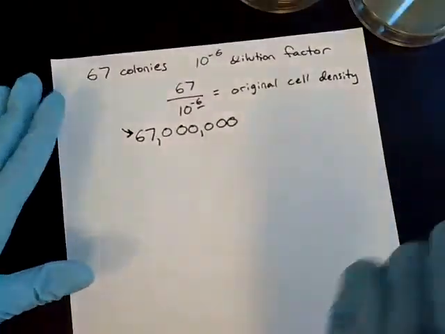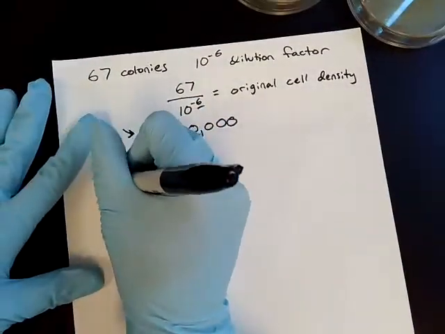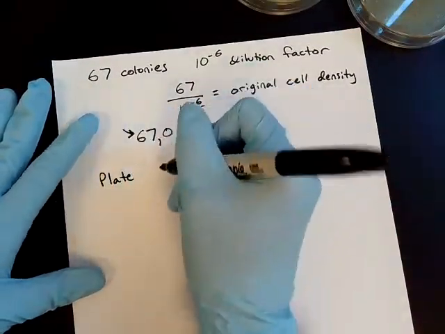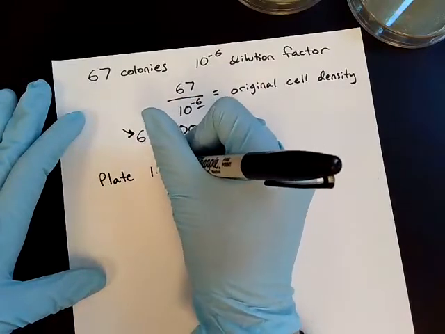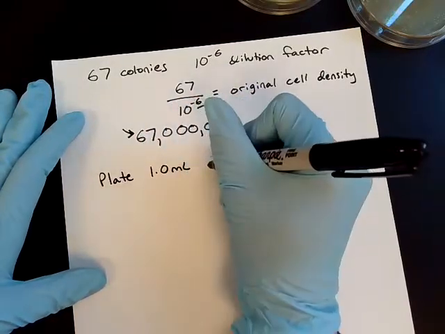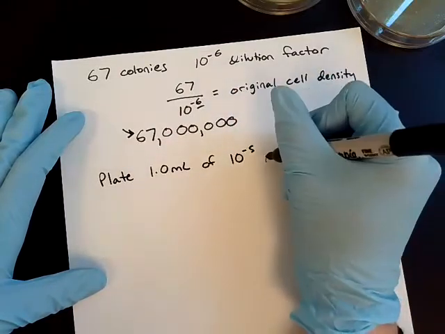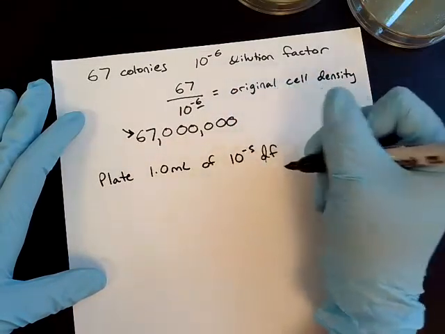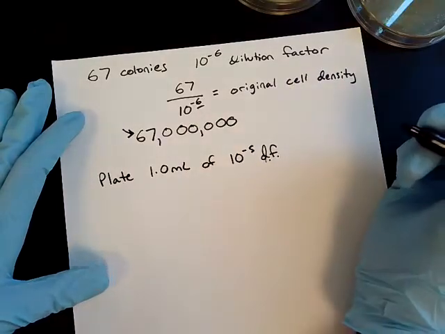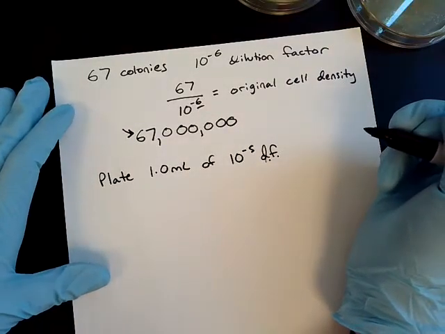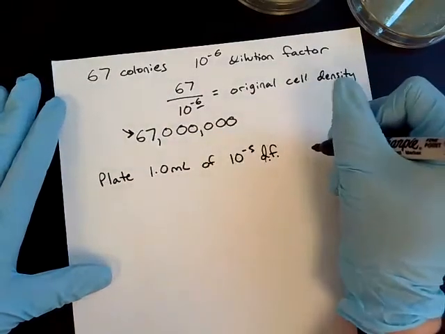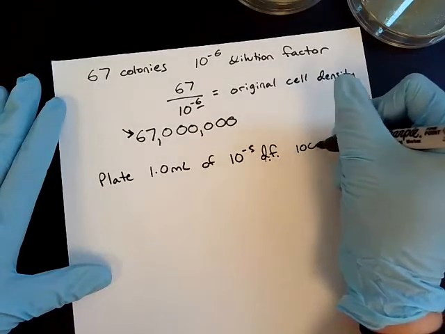But let's say we plated one mil of a 10 to the negative 5 dilution, and I'll abbreviate that DF for dilution factor, and we counted 100 colonies.